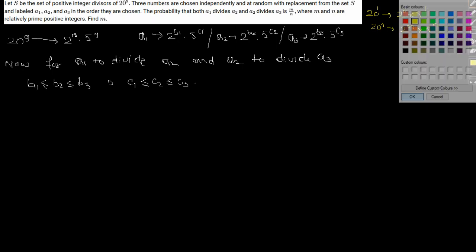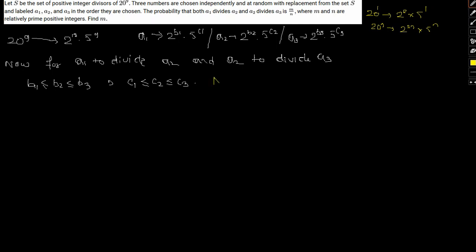Next up, if we take a look at the number of factors for 20 to the power 9, it would be 18 plus 1 into 9 plus 1. That would simply give us 190.